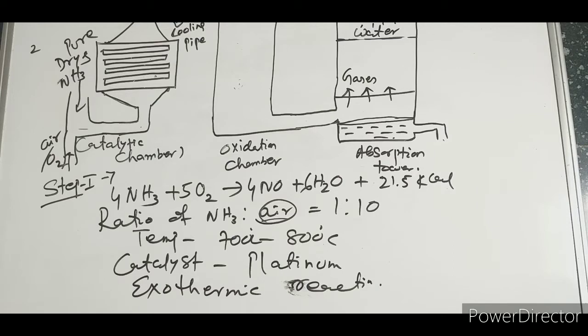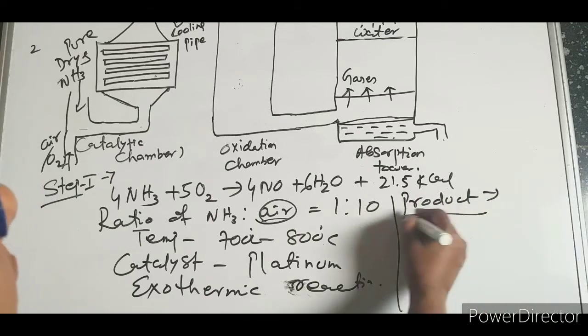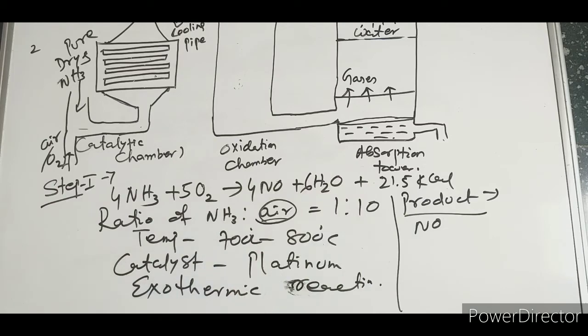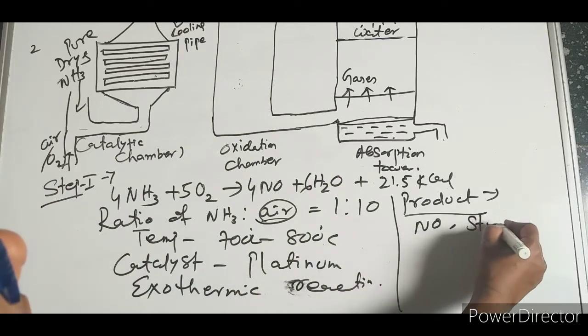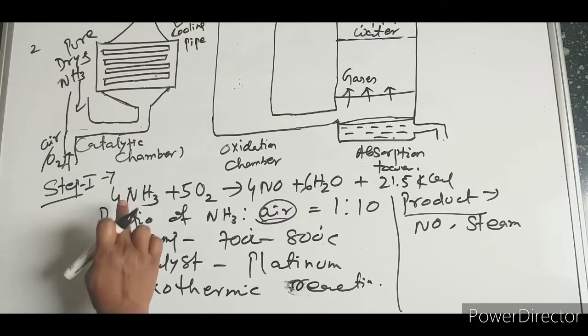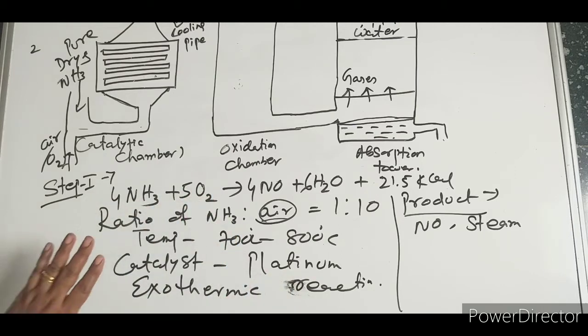And the product formed here is NO. Along with that, moisture, water vapor will be there, but here NO along with steam, because that one will be at high temperature. See this one. Then another important thing: let me rub this one so that I can write something. Take a screenshot or pause so you try to understand.